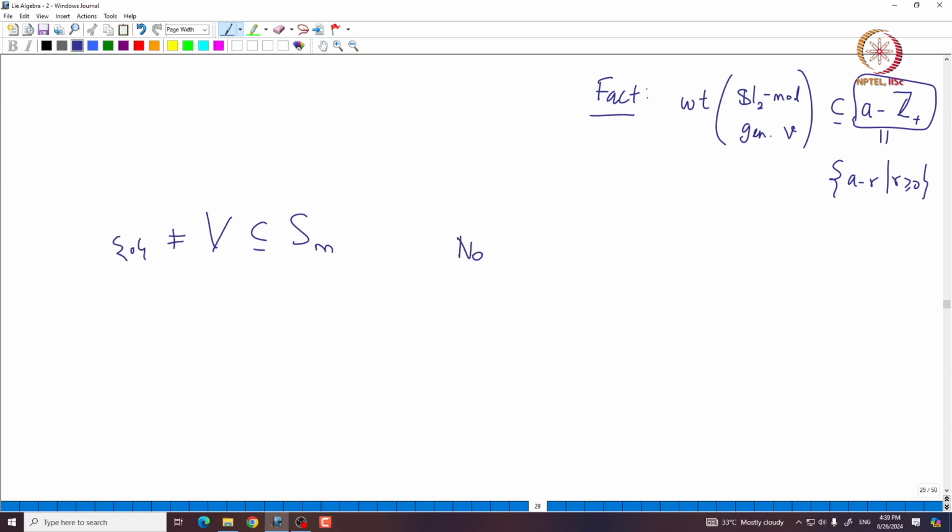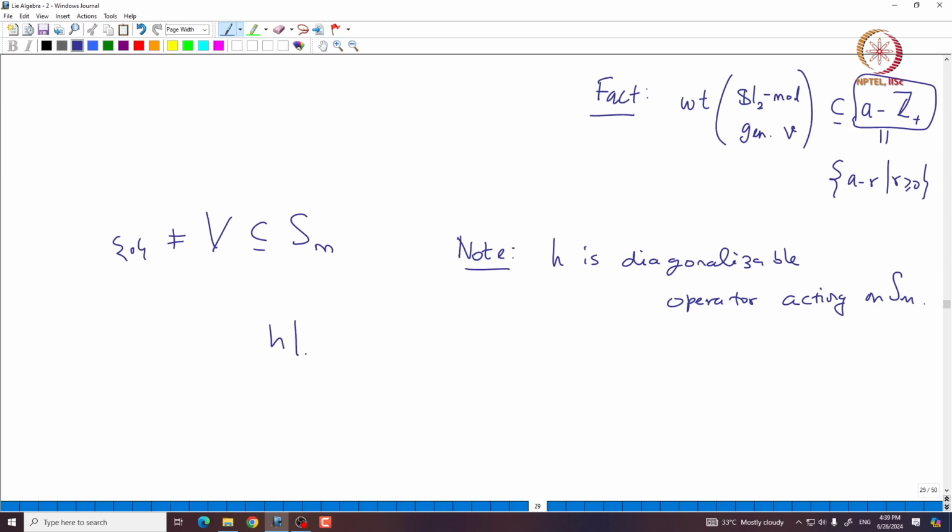Note that H is a diagonalizable operator acting on Sm, because Sm is a direct sum of these eigenspaces. So, yes, H is diagonalizable. Now, if you have any diagonalizable operator and you restrict it to any invariant subspace, that will again be diagonalizable.